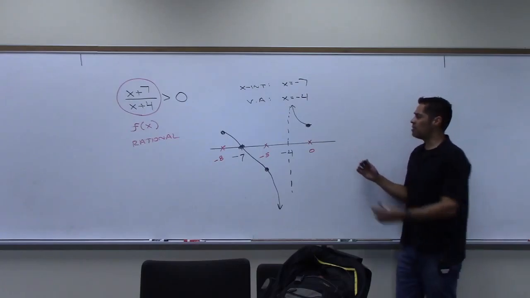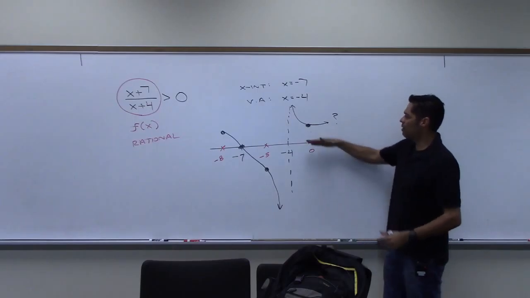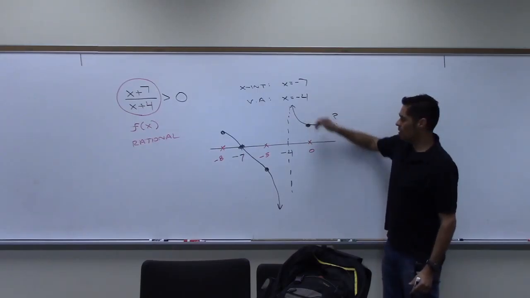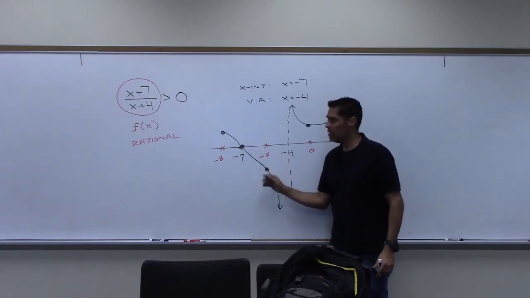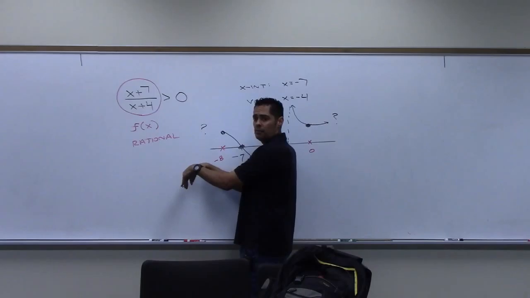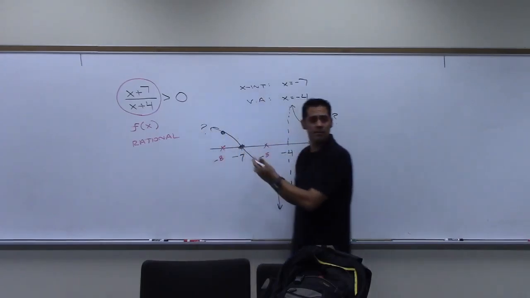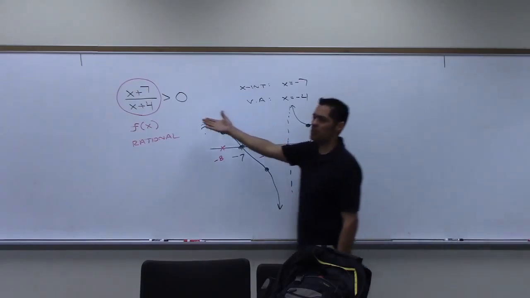There are no more x-intercepts. Between here and here it's below, and over here, again, same thing. I know it never comes back down, so over here it just stays above. Agreed?